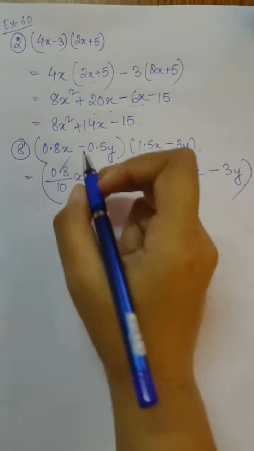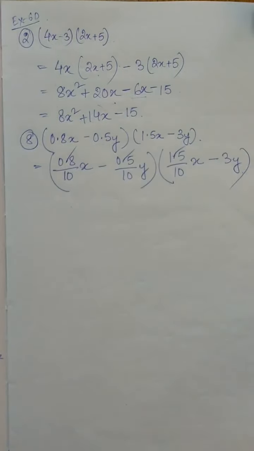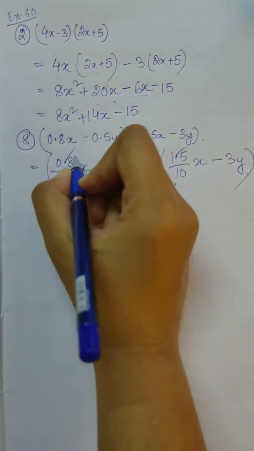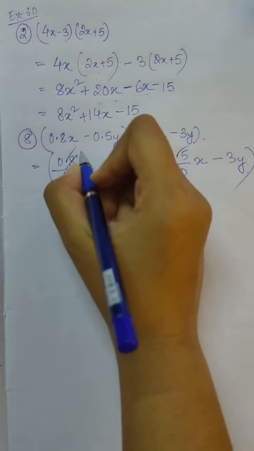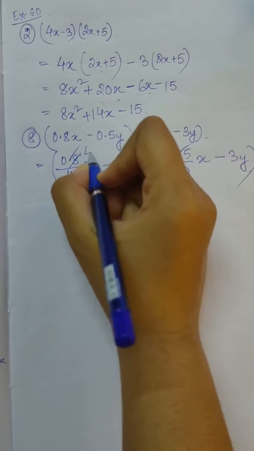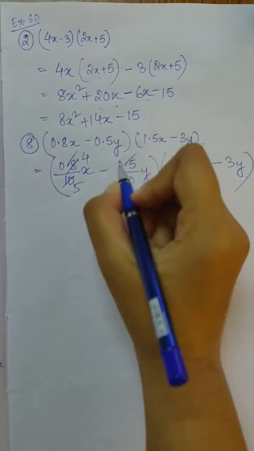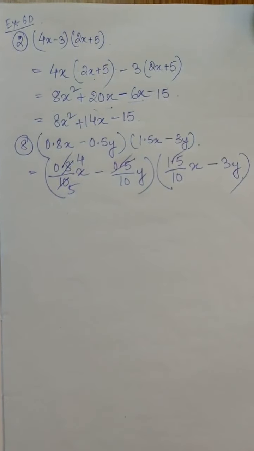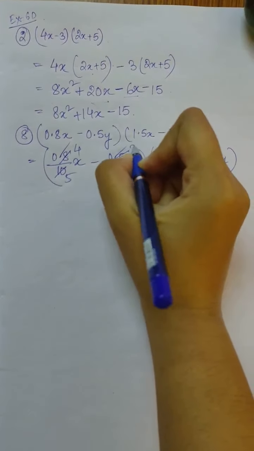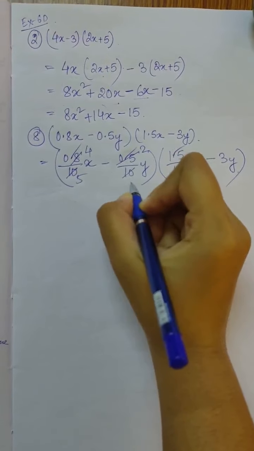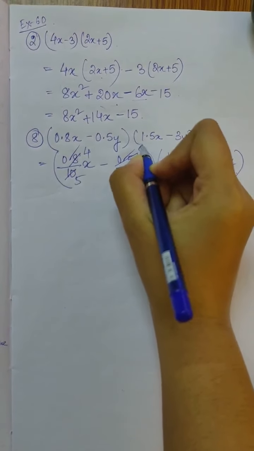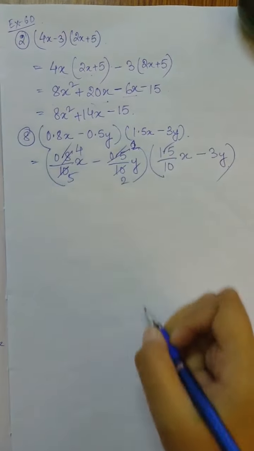Okay, so now we will simply cancel them. See, 8 by 10 we can cancel as, if we cancel this with 2 we get 4 and 5. Here if we cancel this with 5 we get 1 here and 2 here.